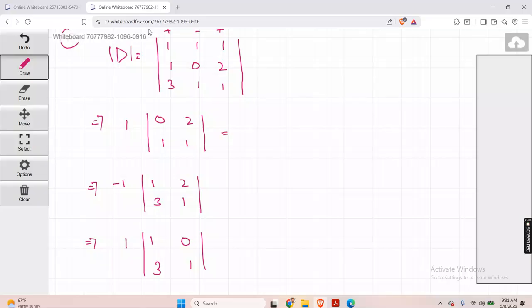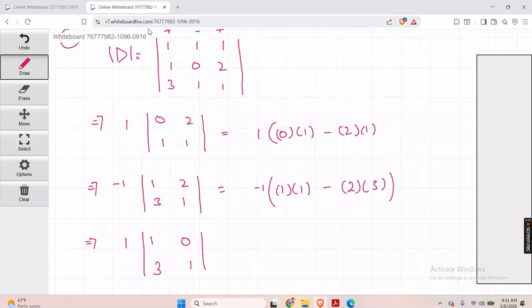So we have here 1 into 0 into 1 minus 2 into 1. We have -1 into 1 into 1 minus 2 into 3. And we have 1 into 1 minus 0 into 3.